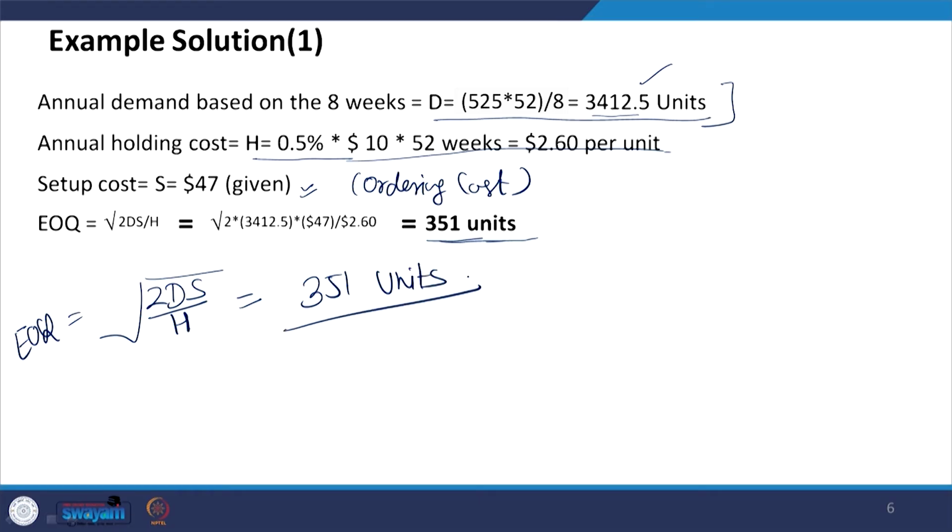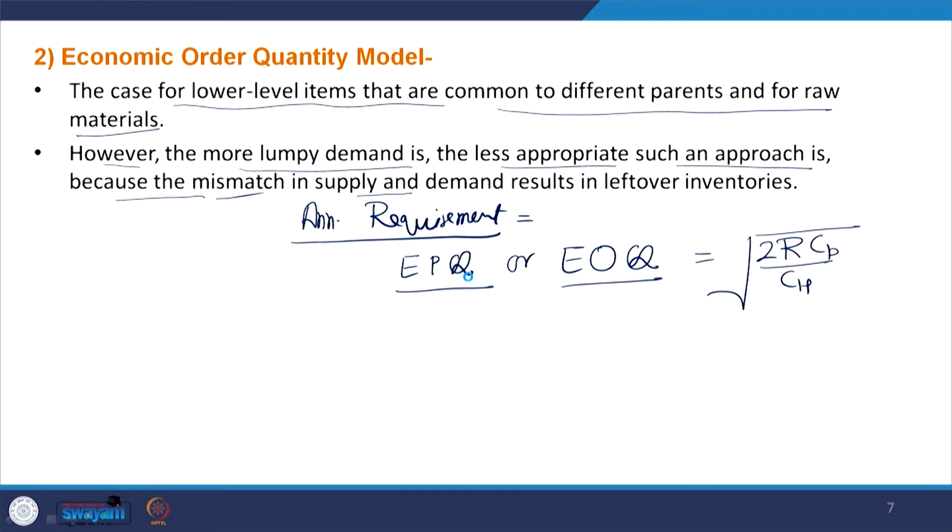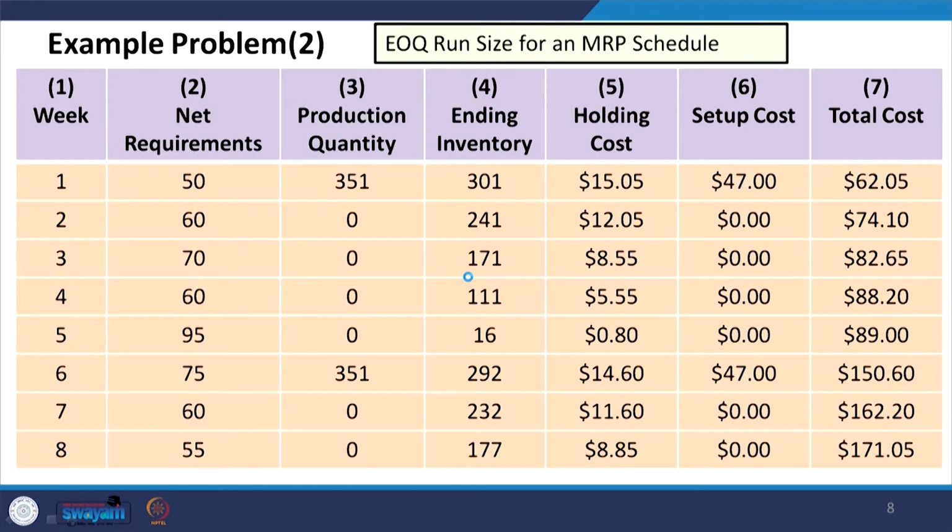Now, let us see how this is going to be used in this particular case. Our net requirement is the same as in the previous example: 50, 60, 70, 60, 95, 75, 60 and 55. Because our EOQ came to 351, the first time I will produce 351 units, and therefore, there will be some leftover units, 301.